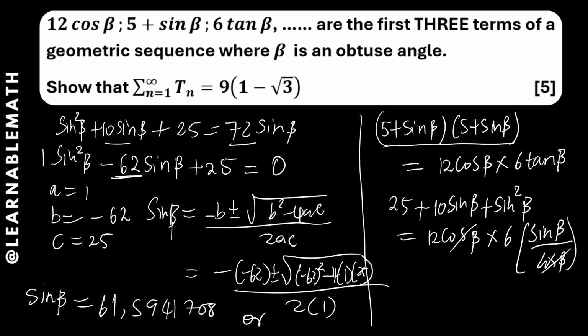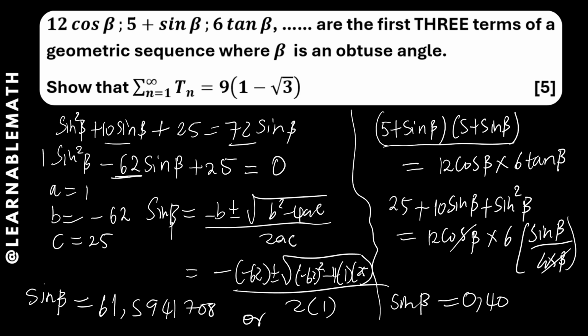On my calculator I'm getting sine beta equals 61.594178, or, remember you use plus or minus, sine beta equals 0.405889291.